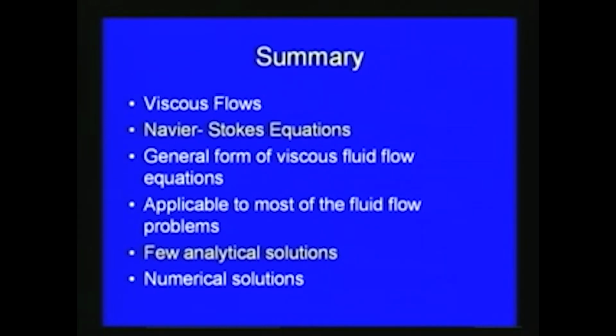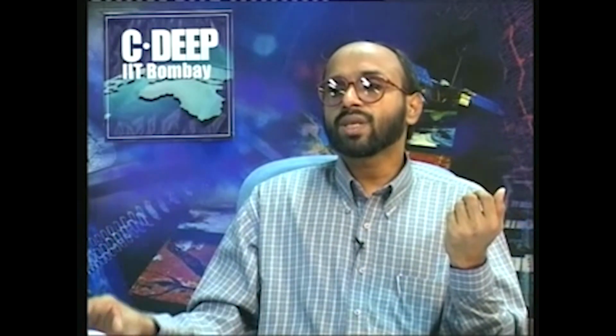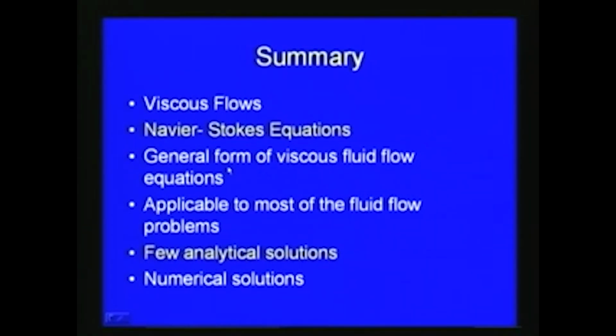For Newtonian viscous flow problems, we have derived the Navier-Stokes equations, a general form of the viscous fluid flow equations. We can solve most of the problems with the Navier-Stokes equations, including turbulent flow problems or even compressible fluid flow, by appropriately modifying the governing equations.